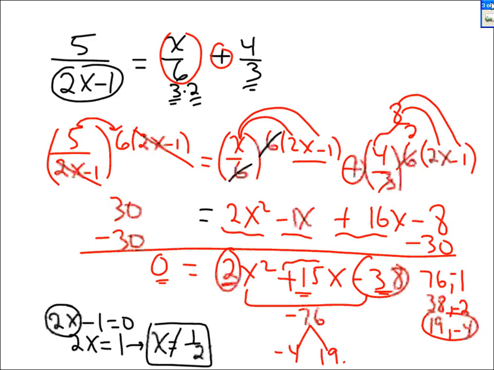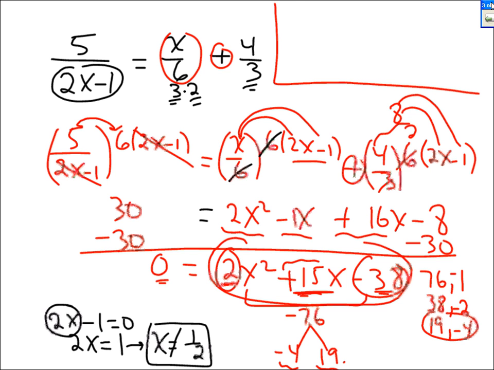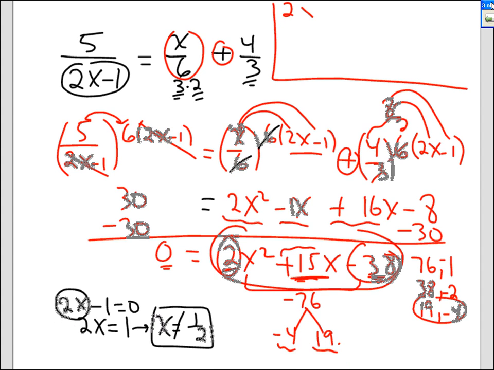Okay. Then I'm going to come up here. So I rewrite this line, that instead of plus 15x's, negative 4x plus 19x's. So we have 2x squared minus 4x, we group that, plus 19x's minus 38. And we group the last two.